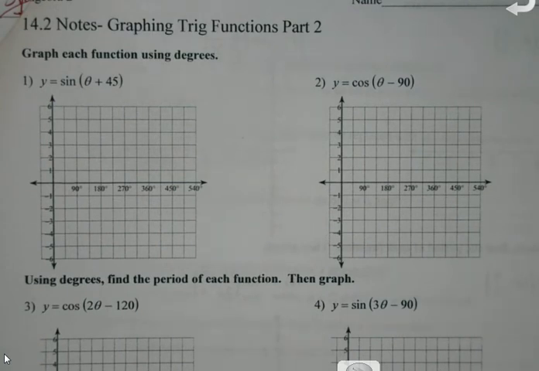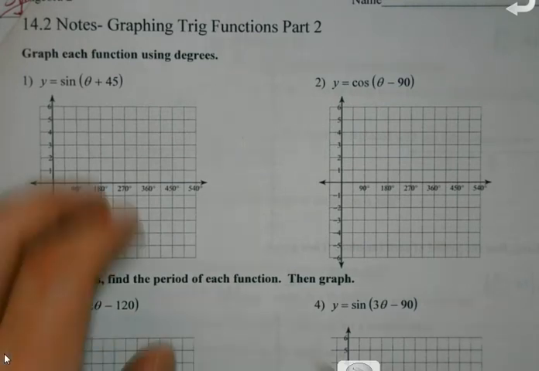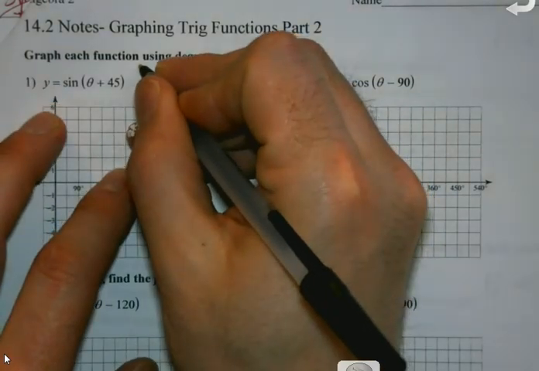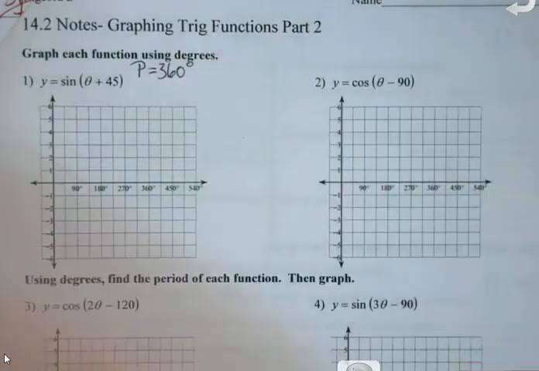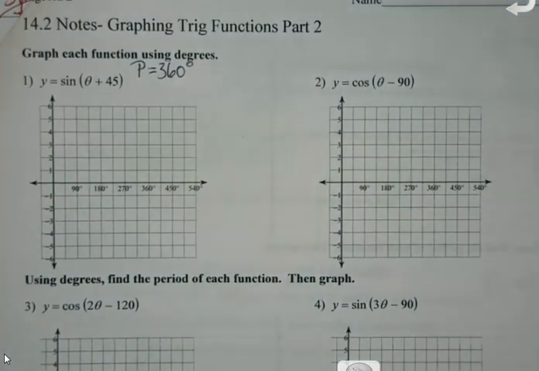First thing is always, we're going to look to see if there's an amplitude change, a period change, a shift, whatever it happens to be. So here, okay, my period's not changing. So it's 360 still. That's all fine and good. What's my one shift going to be? Okay, we're going to go left 45.